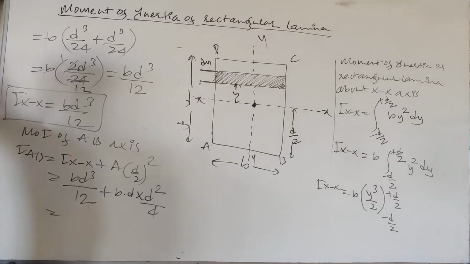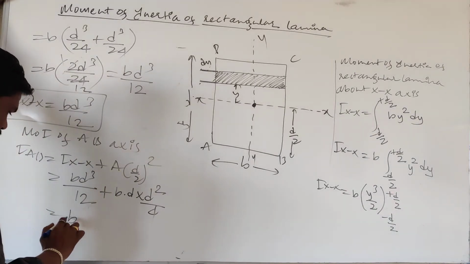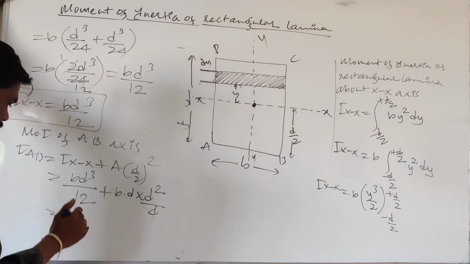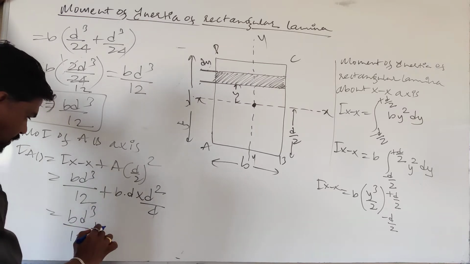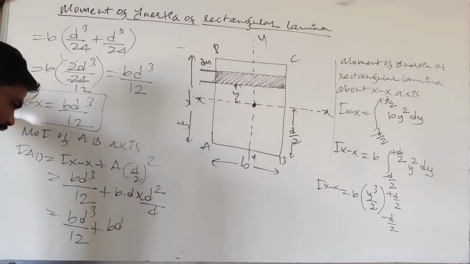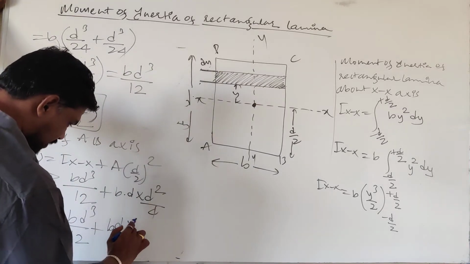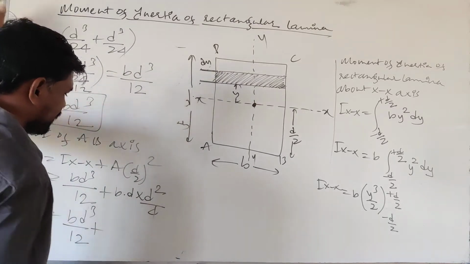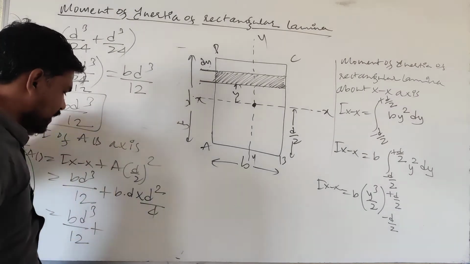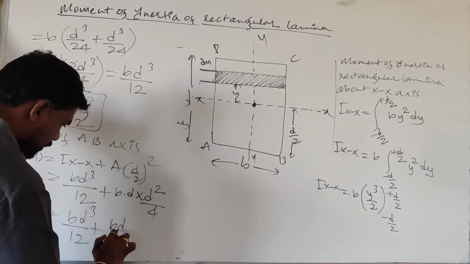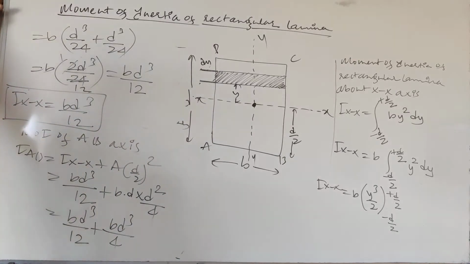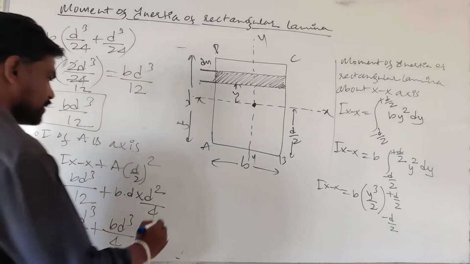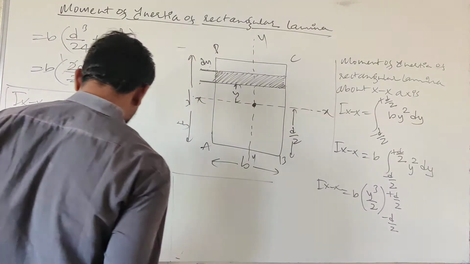So now here what happens? b d cube divided by 12 plus b d, d square becomes cube, b d cube divided by 4.